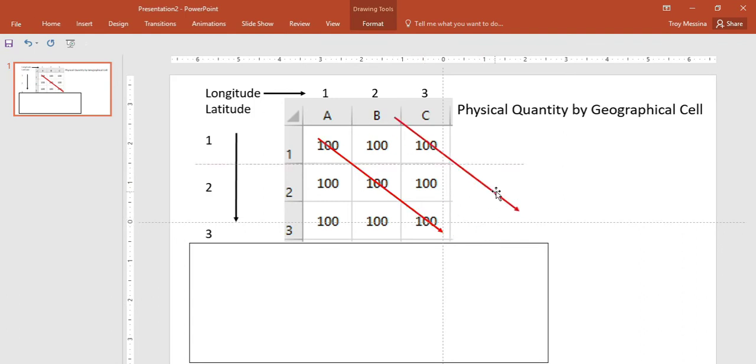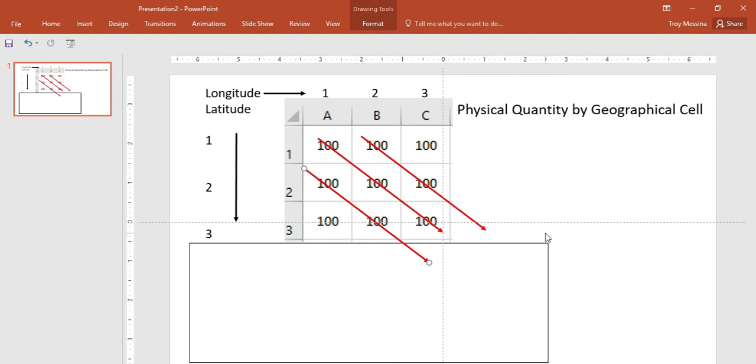If some amount of this quantity moves from this cell, it's going to move into this cell. And then if it moves out of this cell, it moves into this cell here. So from A1 to B2 to C3. And similarly, it might move from B1 to C2. And since we have this rule, it could also move from A2 to B3.